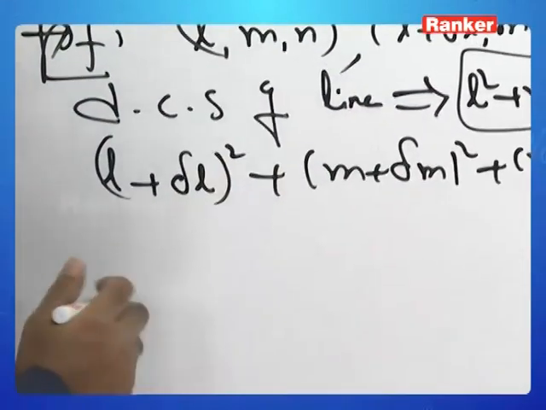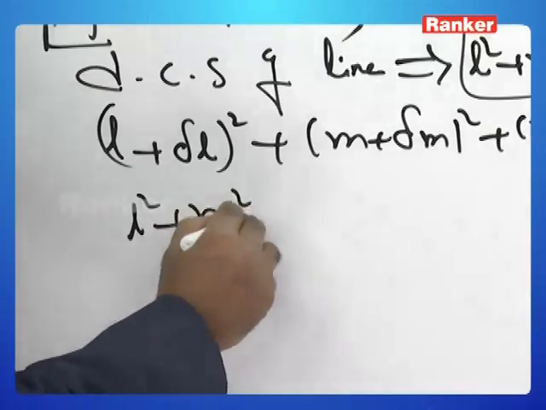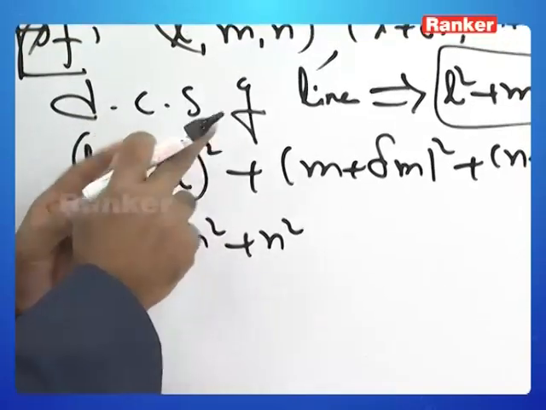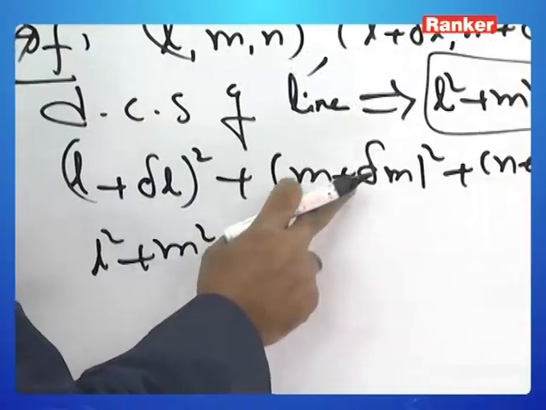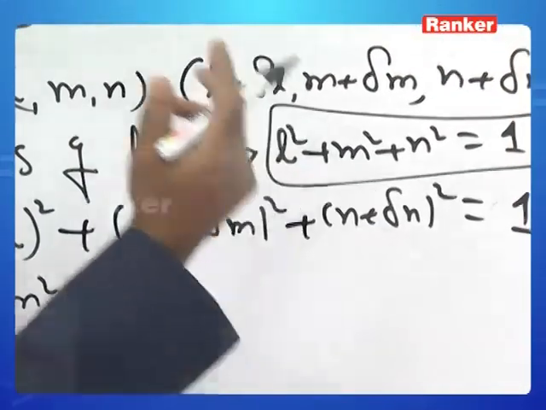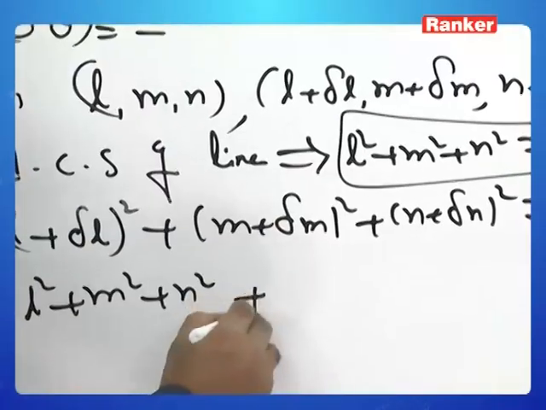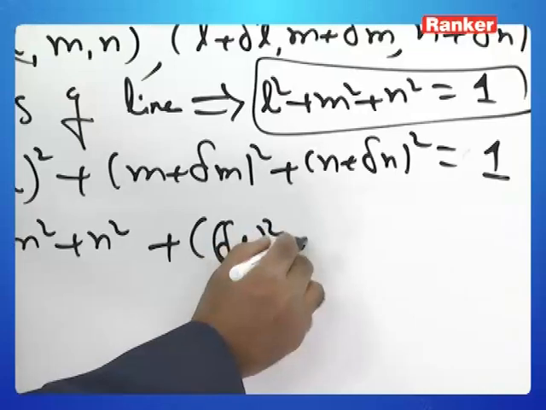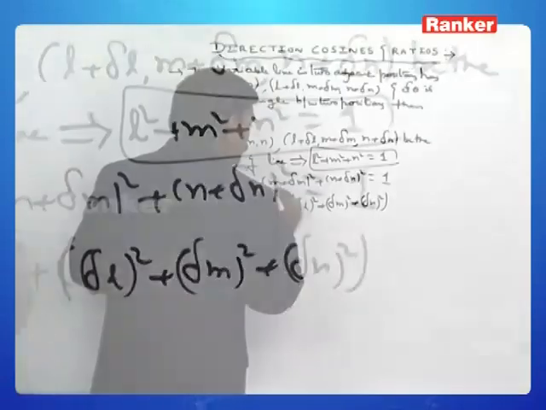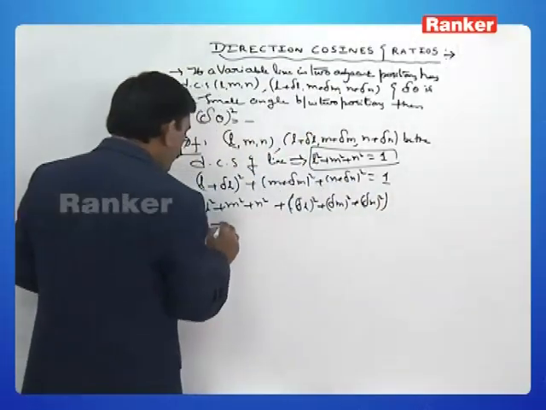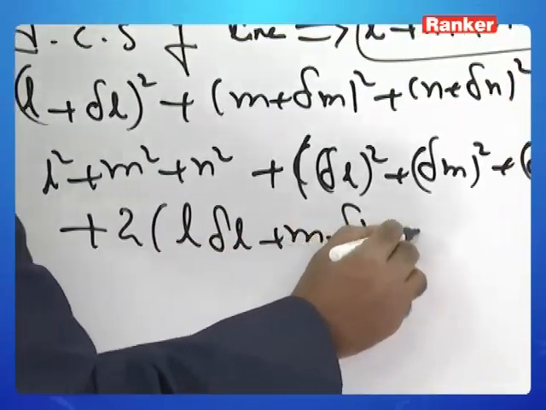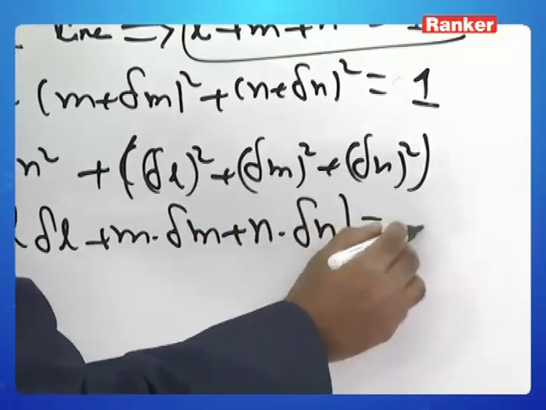So now you expand it. This becomes l² + m² + n². Expand this: l² + δl² + 2l δl, m² + δm² + 2m δm, n² + δn² + 2n δn, right? Plus δl², δm², δn², right? Plus I can write l δl, m δm, n δn is equal to 1.